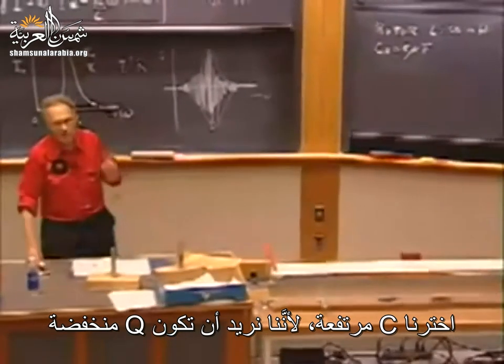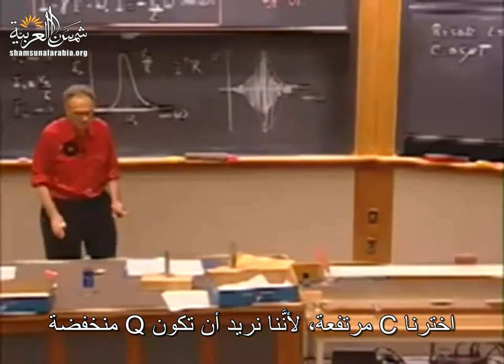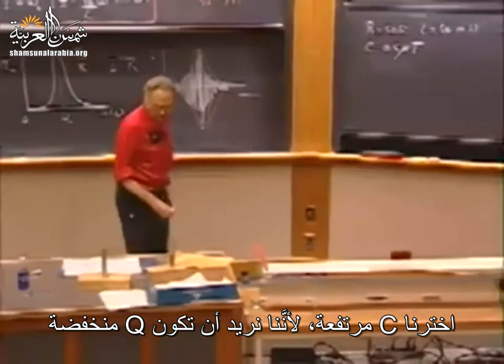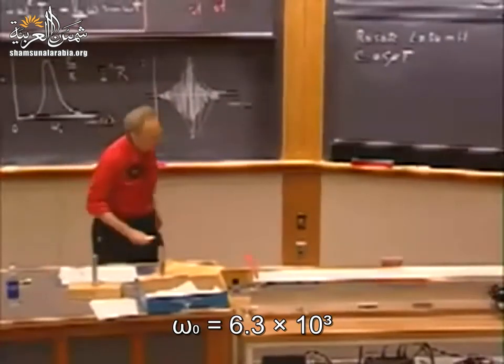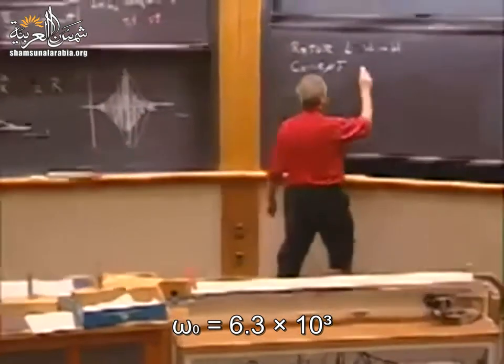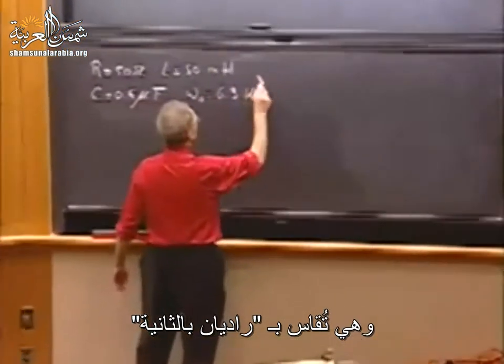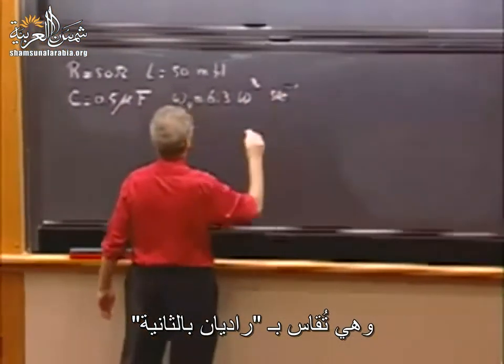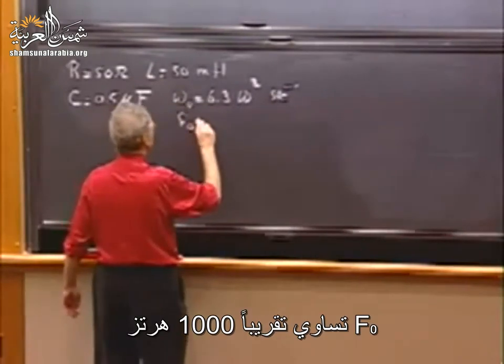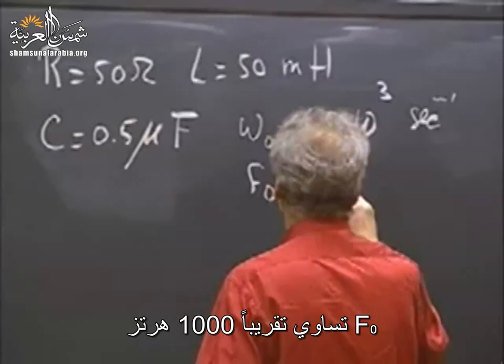And we choose C so high because we want a low Q system. Omega 0 is now 6.3 times 10 to the third, in radians per second. So f0 is about 1000 hertz.